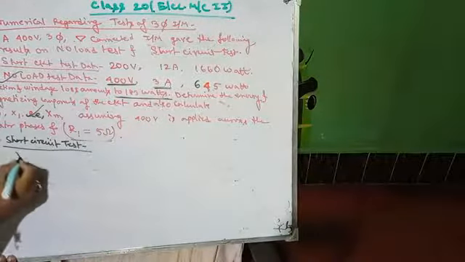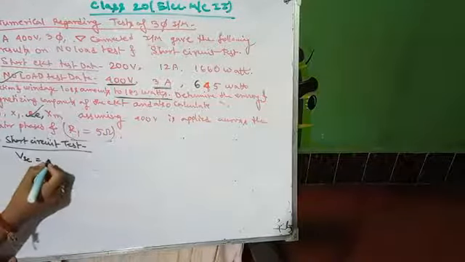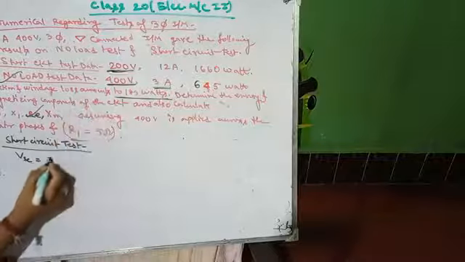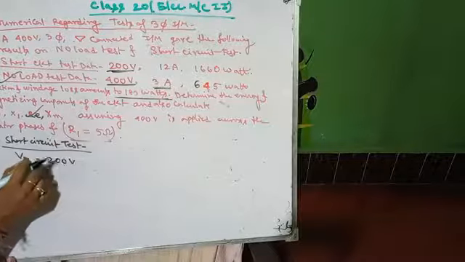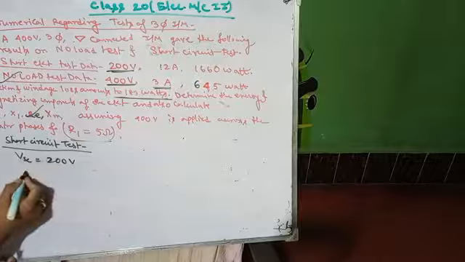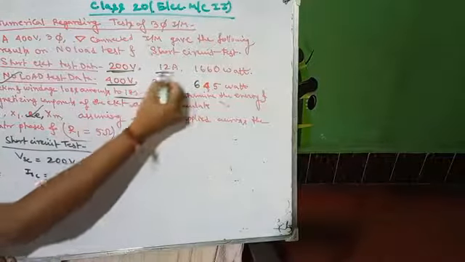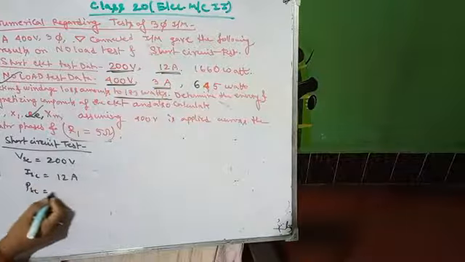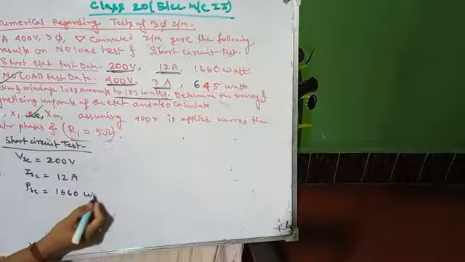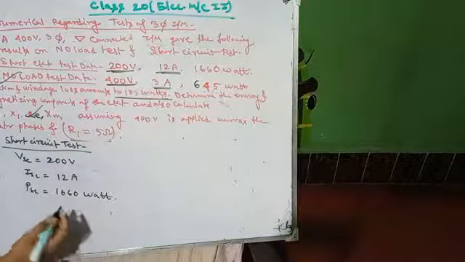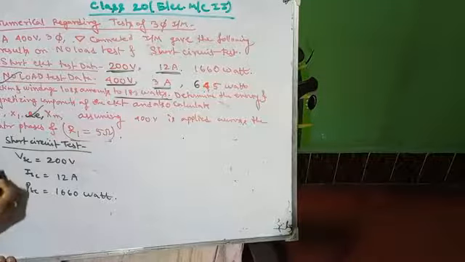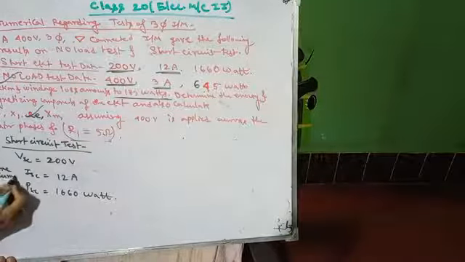On short circuit, VSC equals to what? 200 volt. Okay, VSC equals to 200 volt. And ISC equals to what? 12 ampere. And PSC equals to 1660 watt. Okay, so this is a line current, short circuit line current.